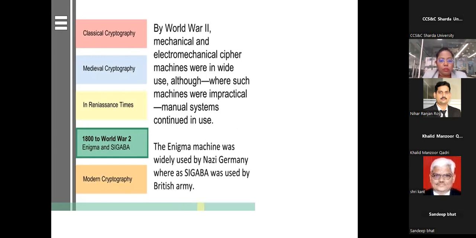So from 1800 afterwards, actually, the modern cryptography methods started. Why did it become modern? Because all the pen and pencil based cryptography, all the manual based cryptography, those concepts were put on machines, and machines started doing encryption and decryption, and that's why the name, right?